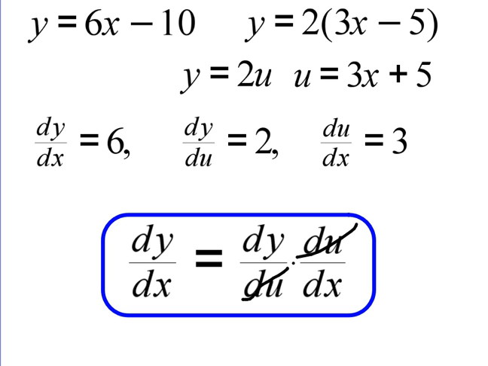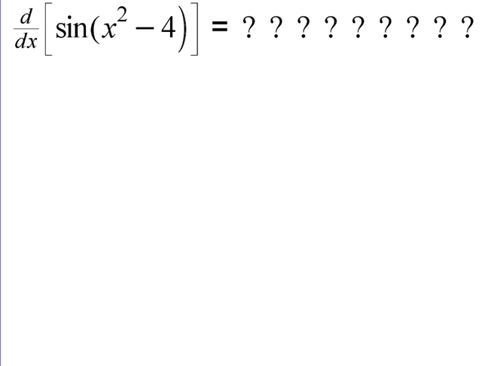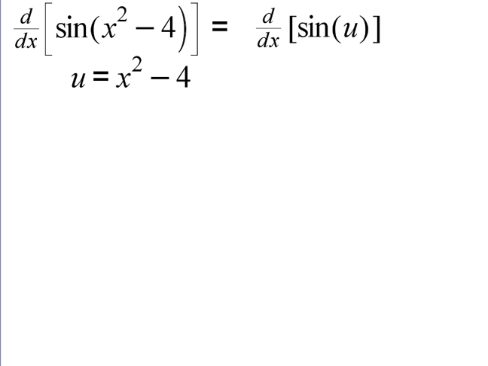Okay, so let's revisit our function of sine of the quantity x squared minus 4. Let's redefine our function by making u equal to x squared minus 4. So now we're looking for the derivative of sine u.